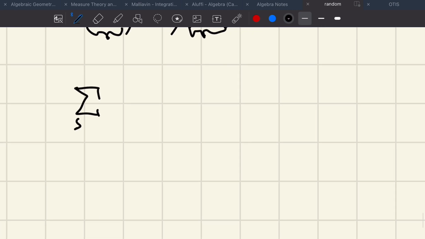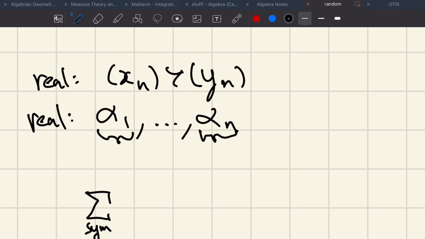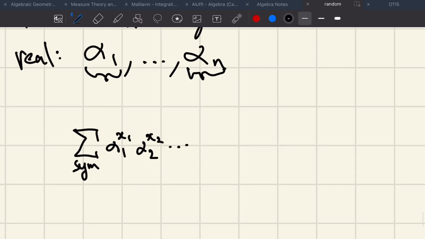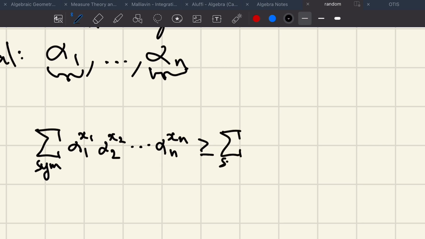The symmetric sum of alpha 1 to the x1, alpha 2 to the x2, and this product going all the way down to alpha n to the xn, is greater than or equal to the symmetric sum of alpha 1 to the y1, down to alpha n to the yn.